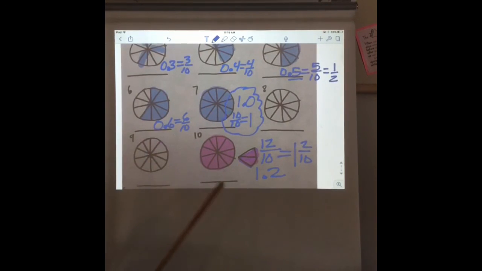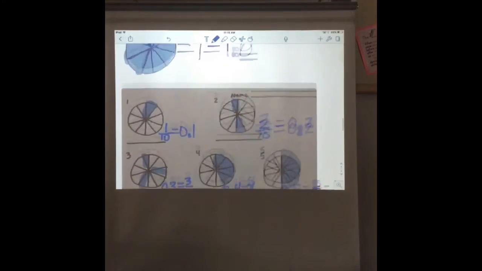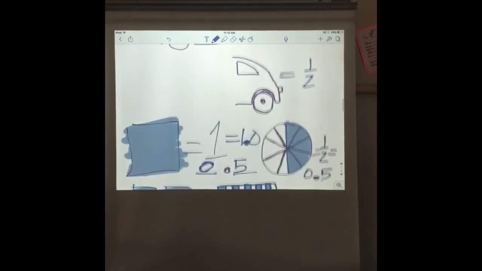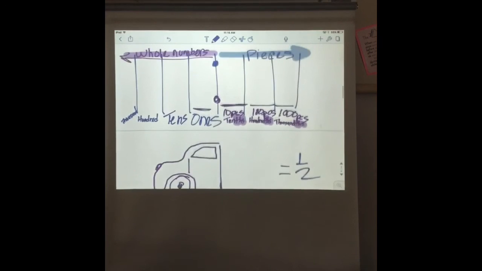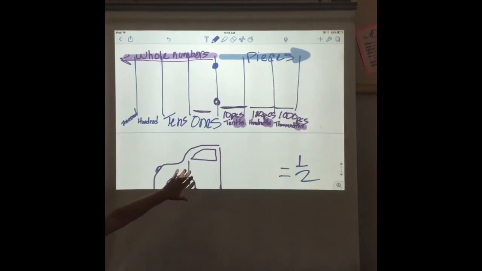Does this make more sense on place value? Yes. Okay, so just to go over it one quick time, let's use our left arm now. All the numbers on the left of the decimal are whole numbers.